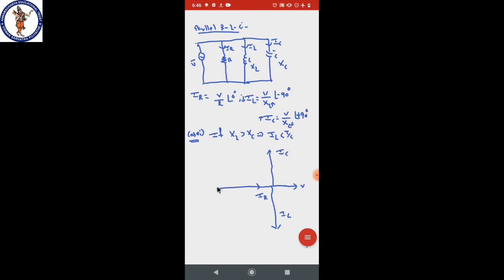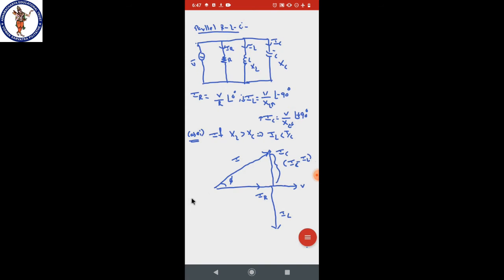This is the total current I. Here this means IC minus IL. This is angle phi. This is IC minus IL, because IC is more than IL. Clearly observe that this is IC minus IL.